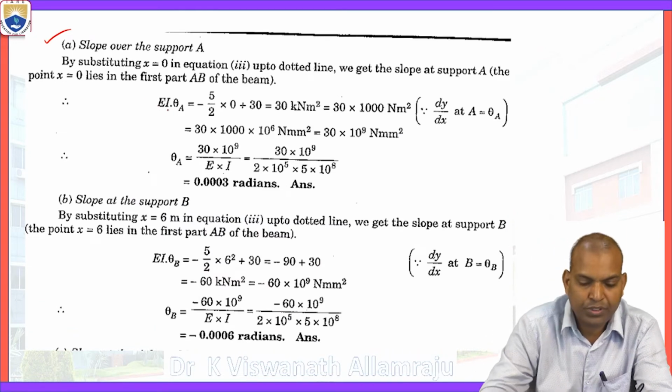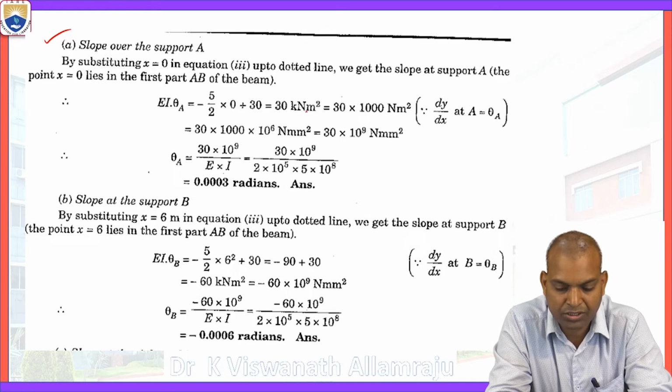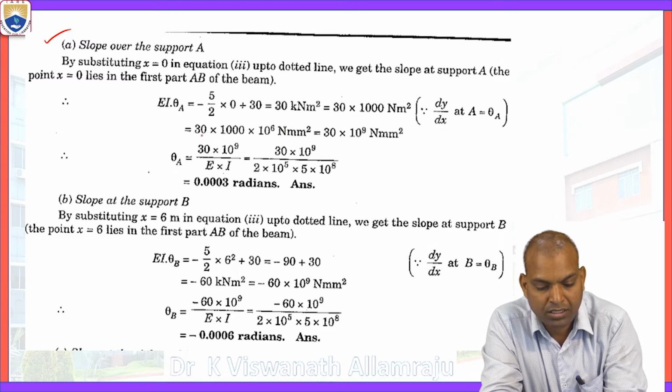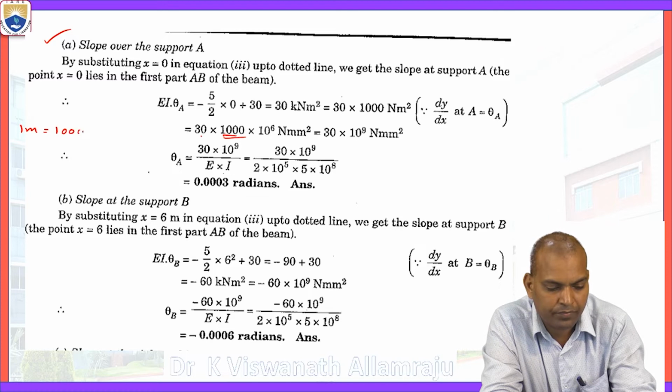In the first portion, if you substitute, that is 30 kilonewton meter square. Convert it into newton millimeter square: 30 kilonewtons, 1 kilonewton is 1000 newtons, so 30,000 newtons, and meter square, 1 meter equal to 1000 millimeters.